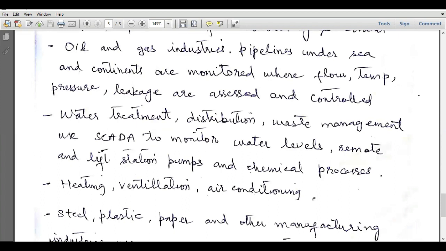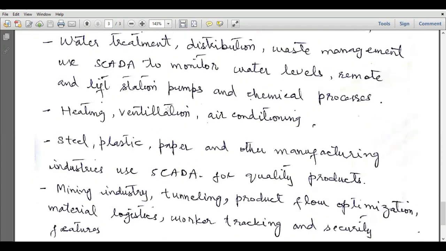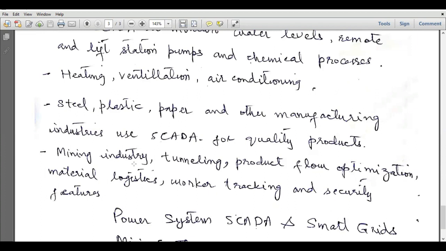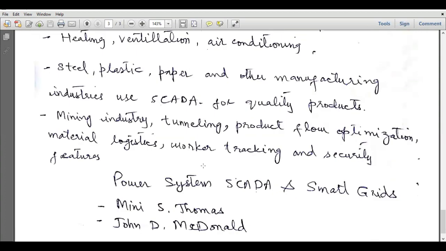Heating, ventilation, and air conditioning industries all use SCADA systems for these purposes. And steel, plastic, paper, and other manufacturing industries use SCADA for quality products. In the mining industry, tunneling, product flow optimization, material logistics, worker tracking, and security features are also ensured by SCADA systems.